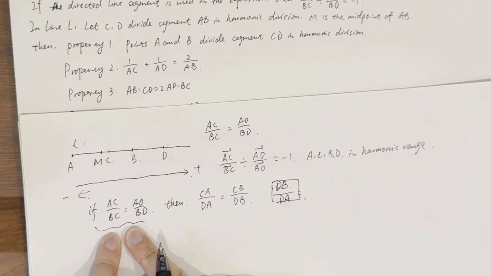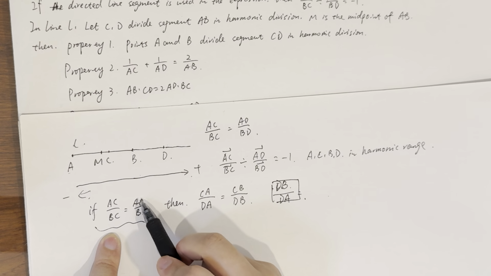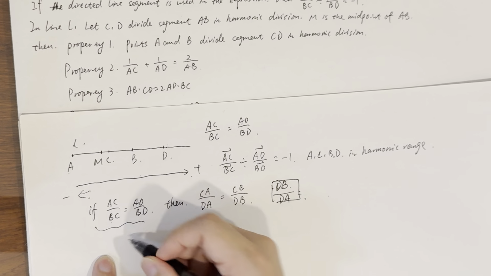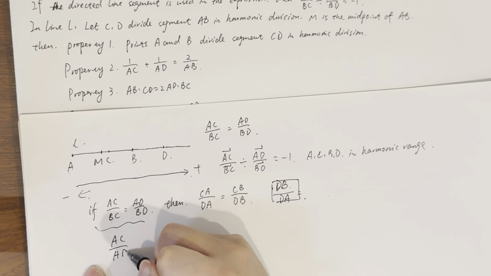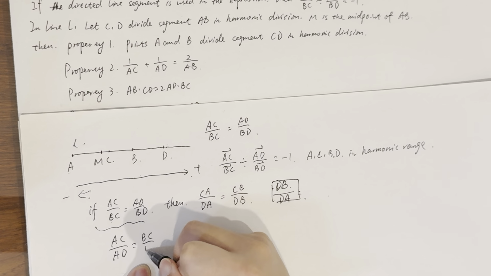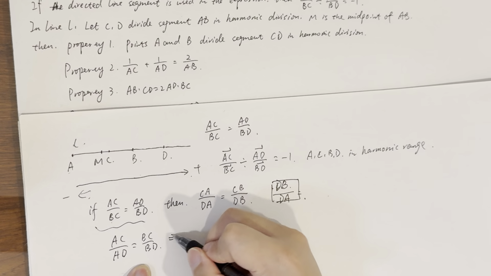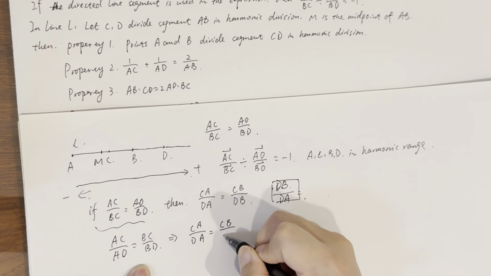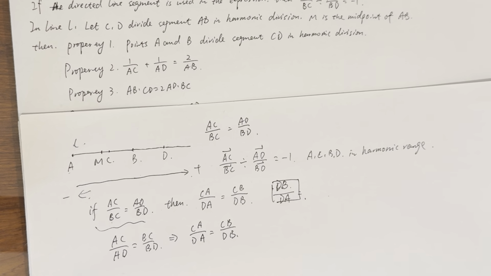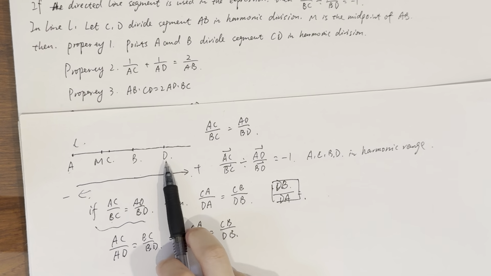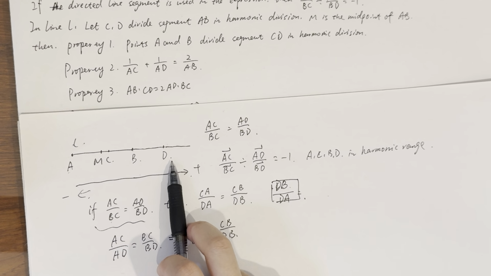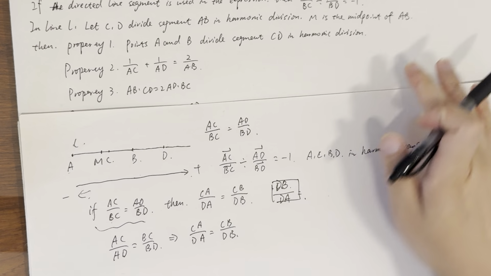We put the AD down here, swap AD and BC, then we get AC to AD equals BC to BD, which means CA to DA equals CB to DB, right? So that is saying if CD divides AB in harmonic division, then AB divides CD in harmonic division.